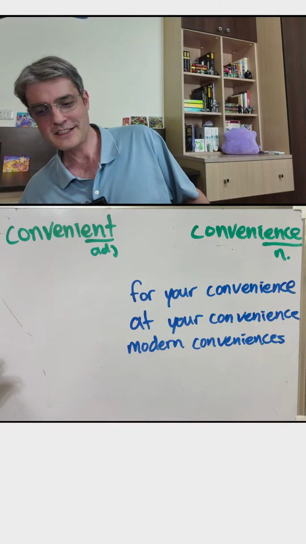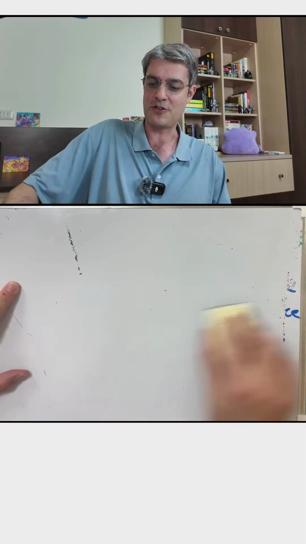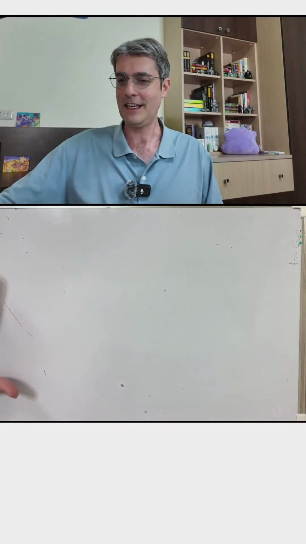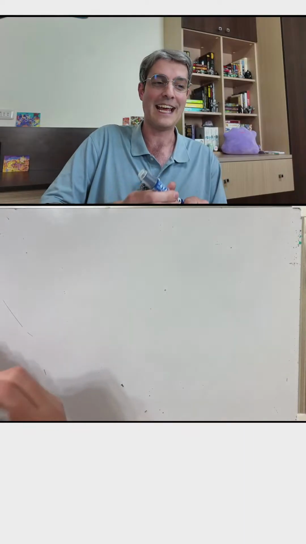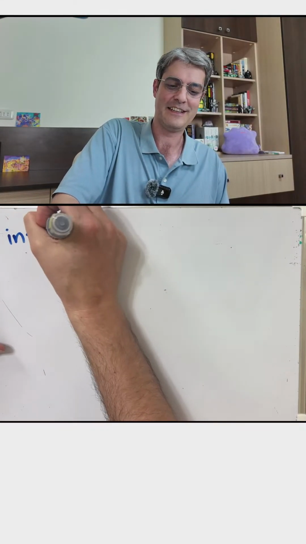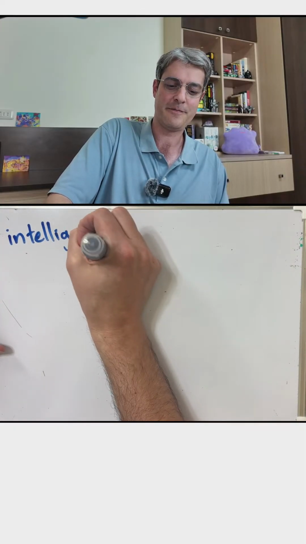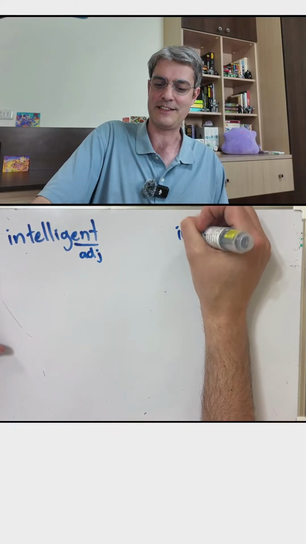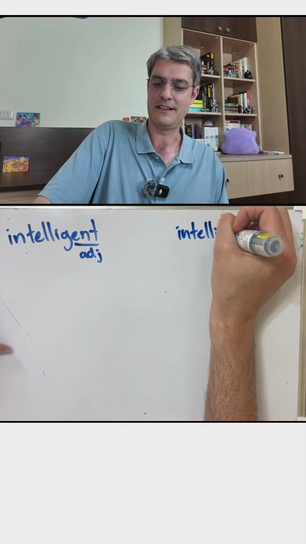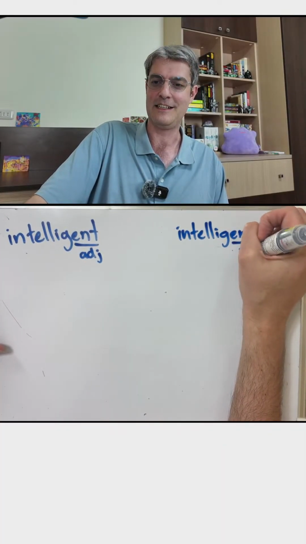So after convenient and convenience, our next special pair is intelligent and intelligence. We got intelligent, that's our adjective. And intelligence, that is our noun. All right, E-N-C-E, noun.